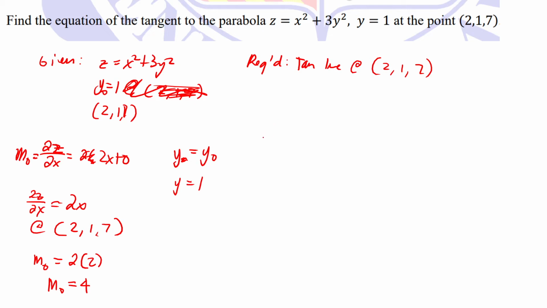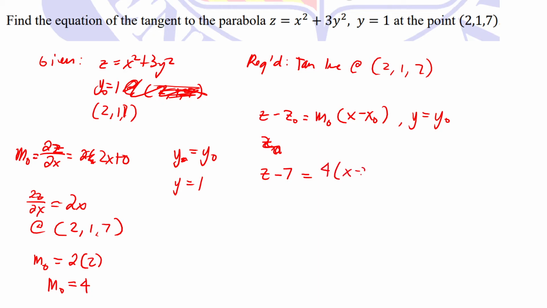You have to write the formula first. Z minus z sub o is equal to the slope times, in this case, x minus x sub o. Why? Y is constant. Then add a comma, y is equal to y sub o. So, input everything. Z minus 7 is equal to 4 times x minus 2, and then y is equal to 1.